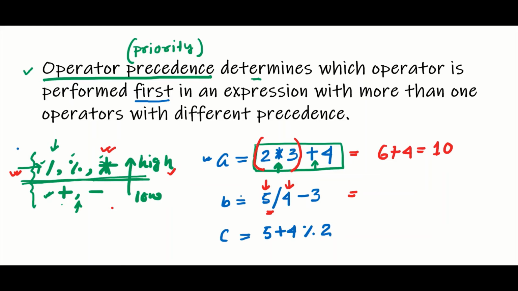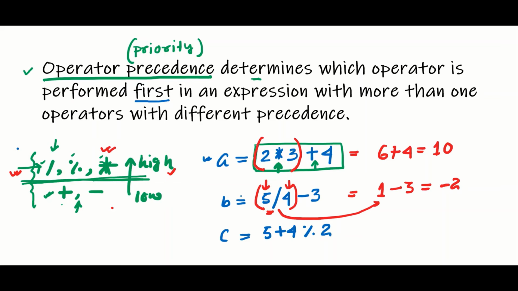So 5 divided by 4, the actual result is 1 point something, correct? In that case, only 1 will be considered. Now subtract 3 from it, so we'll get the result as minus 2.